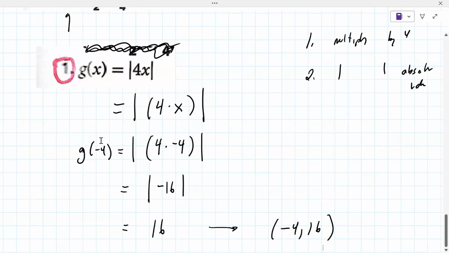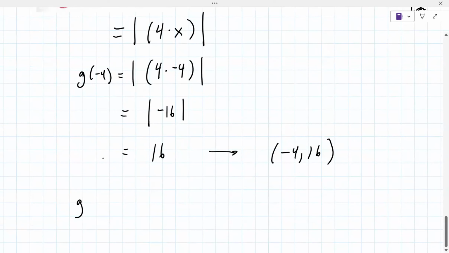So we're going to do the same thing for the next ordered pair. g of -1/2 equals the absolute value of 4 times -1/2. So you first multiply these two together, then take the absolute value.